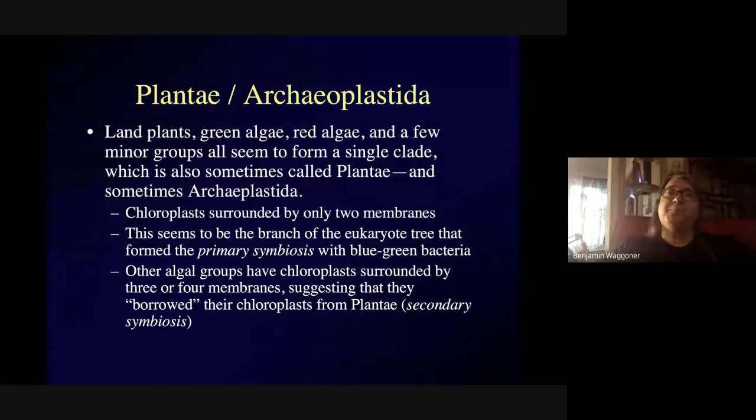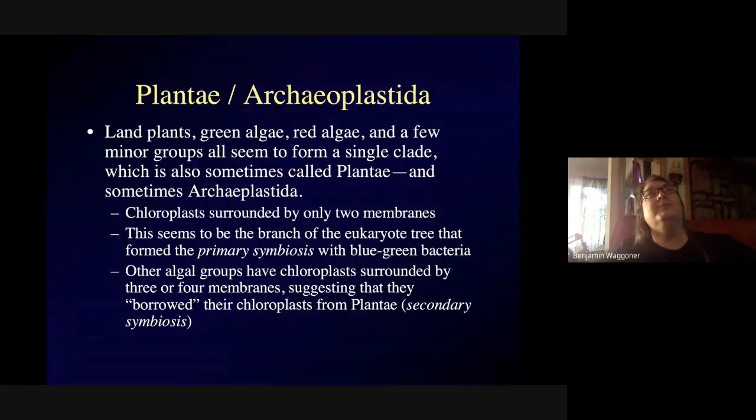The ancestors of most other algal groups either engulfed an archaeoplastid and stole the chloroplasts, or in some cases they engulfed an archaeoplastid and retained the entire cell. There's several groups of algae.